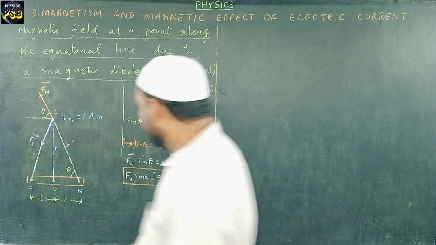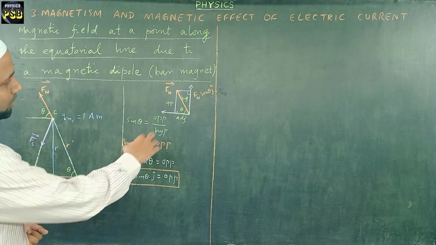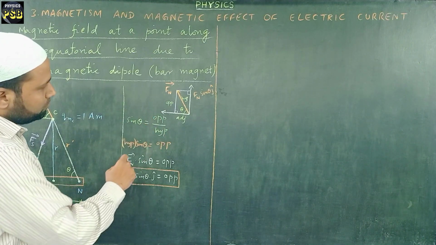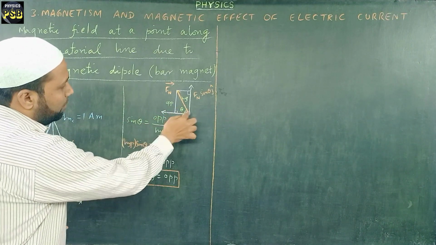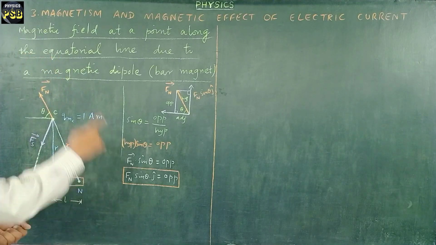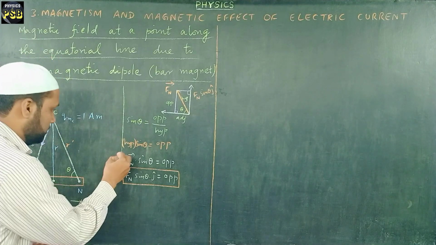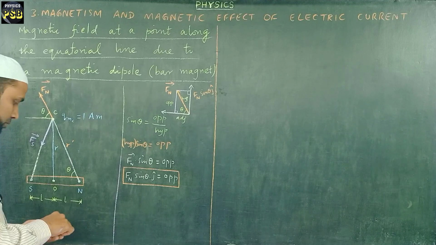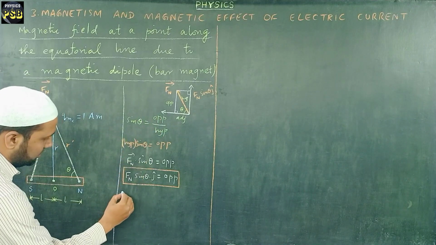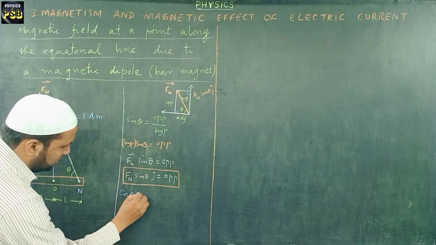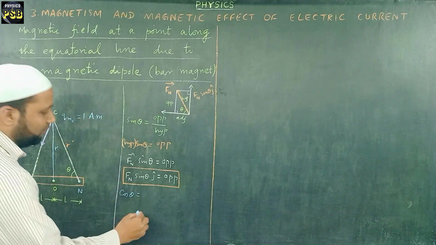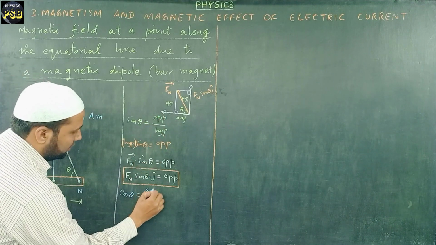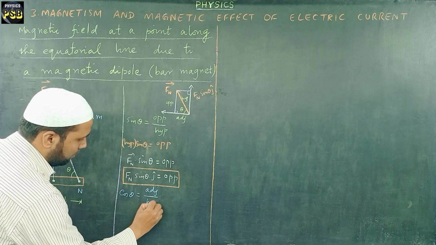Now I am going to find out the horizontal component of Fn vector. For that, I use the equation cos theta, which is obtained if you divide the adjacent side by the hypotenuse.